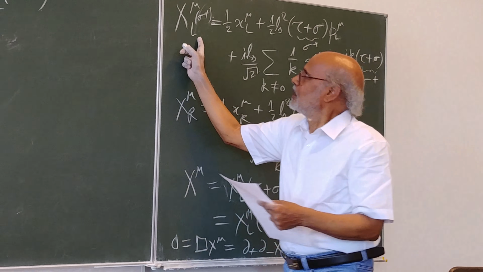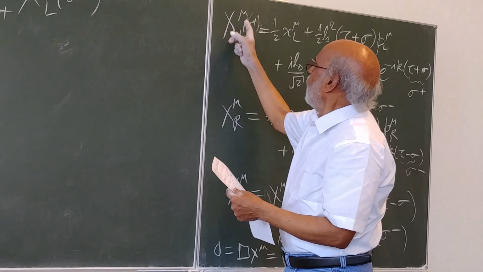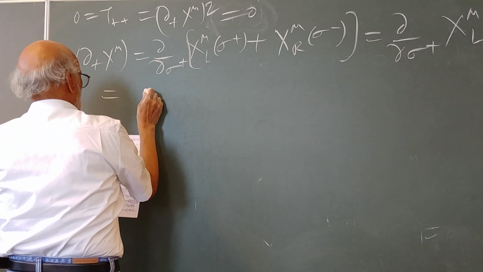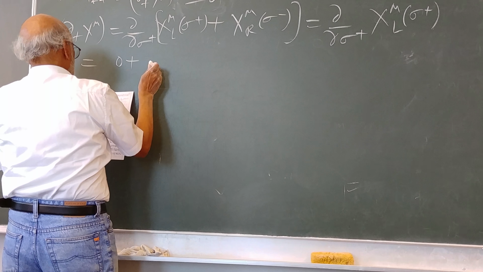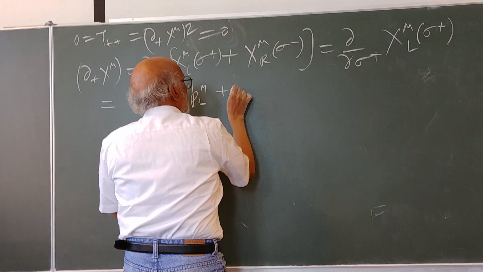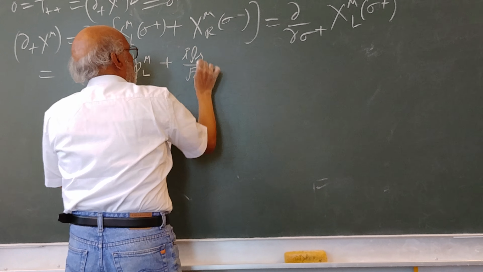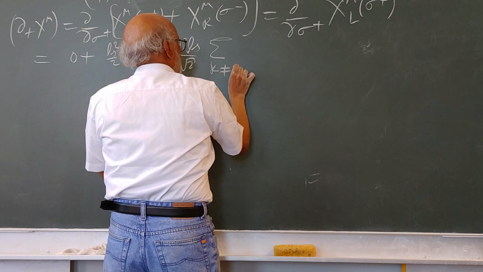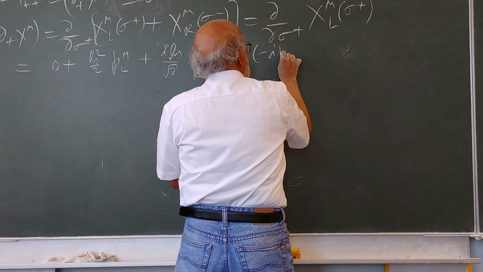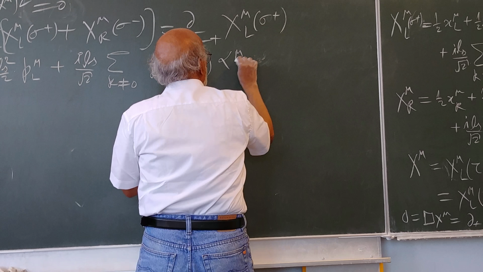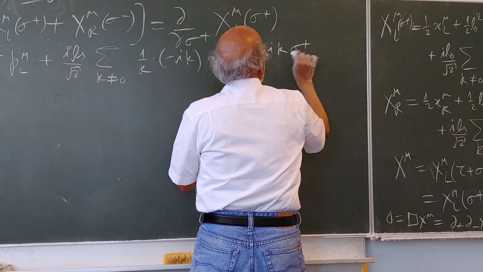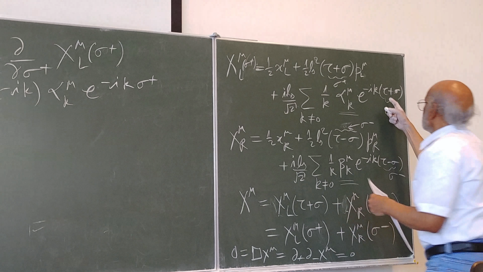Okay, so we take derivative of this with respect to del sigma plus, and this is equal to, I can maybe write the result here, 0 plus ls square by 2 p mu L plus iota ls by root 2 summation over k not equal to 0, 1 by k minus iota k alpha mu k e to the power minus ik into sigma plus. Okay, this is sigma plus.